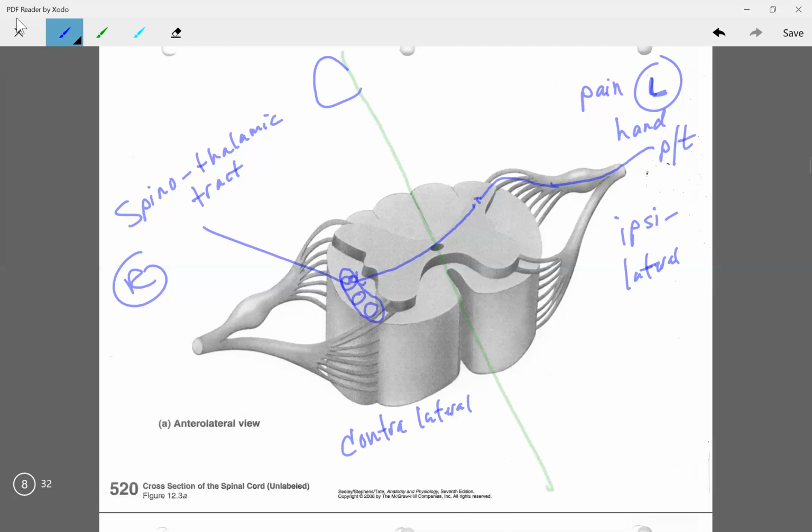Okay, let's draw our brain, thalamus, brainstem. Okay, so now the information is going to go up the cord. We're already on the other side, so we've already decussated.